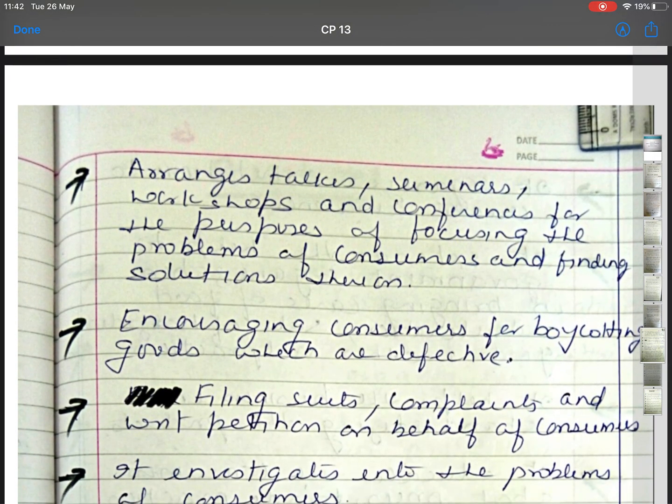Consumer organizations arrange talks, seminars, workshops and conferences for the purpose of focusing on the problems of consumers and finding solutions thereon. Consumer organizations encourage consumers to boycott goods which are defective or harmful to them.